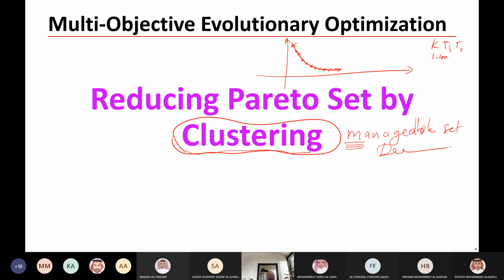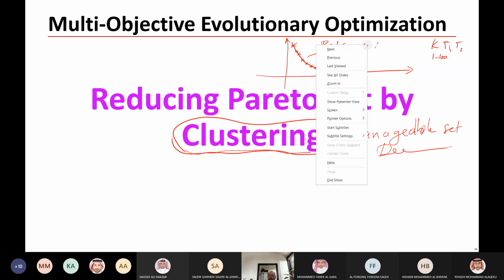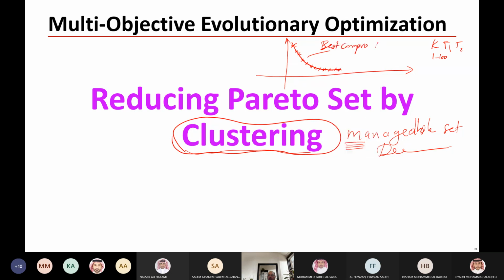And the second point, also usually in multi-objective optimization, you get the Pareto front. So can you introduce to the decision maker the best compromise solution? This is also important. How to find the best compromise solution?